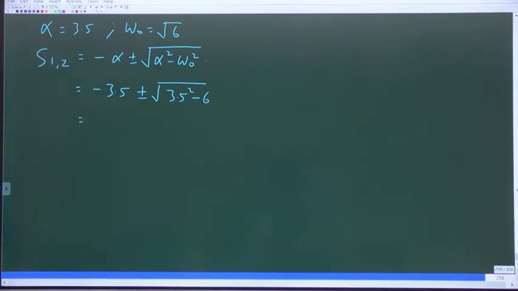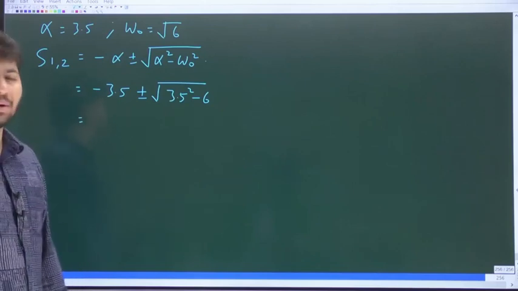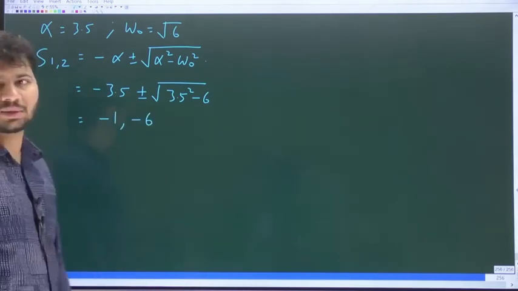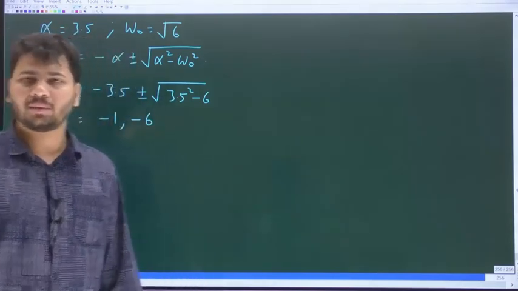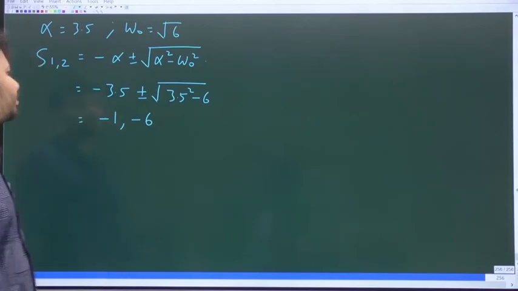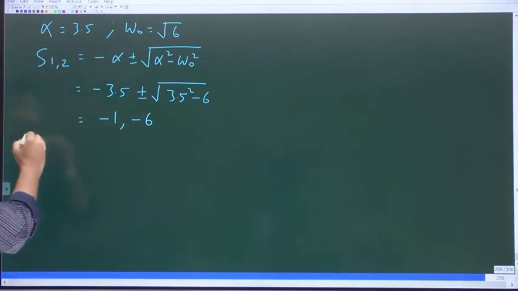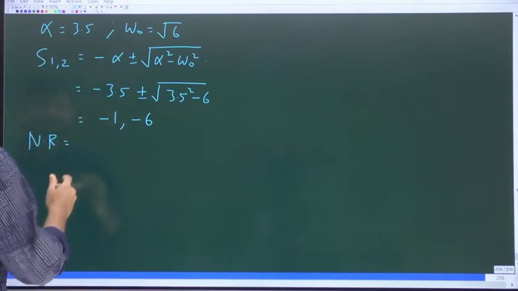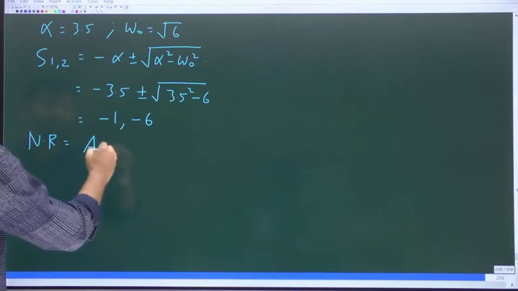Okay. And the two roots are going to be what? Minus 1, minus 6. Those are the two roots of the characteristic equation. Once you get the two roots, can't we find the natural response?